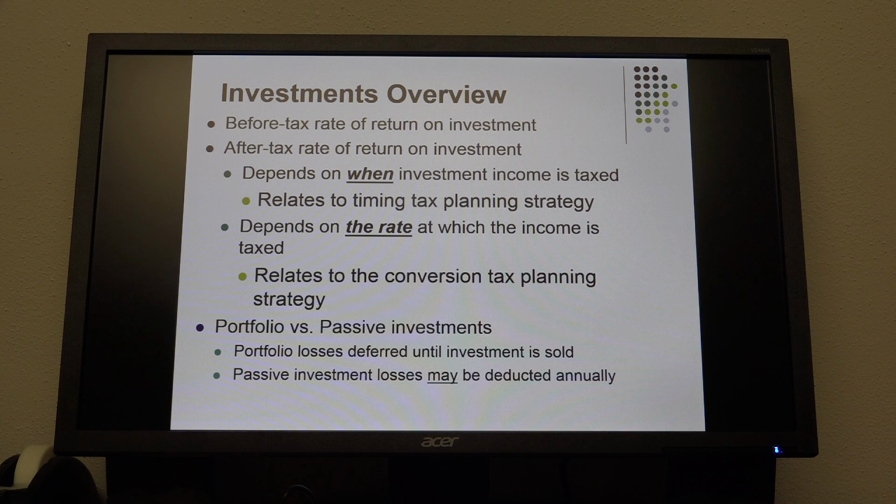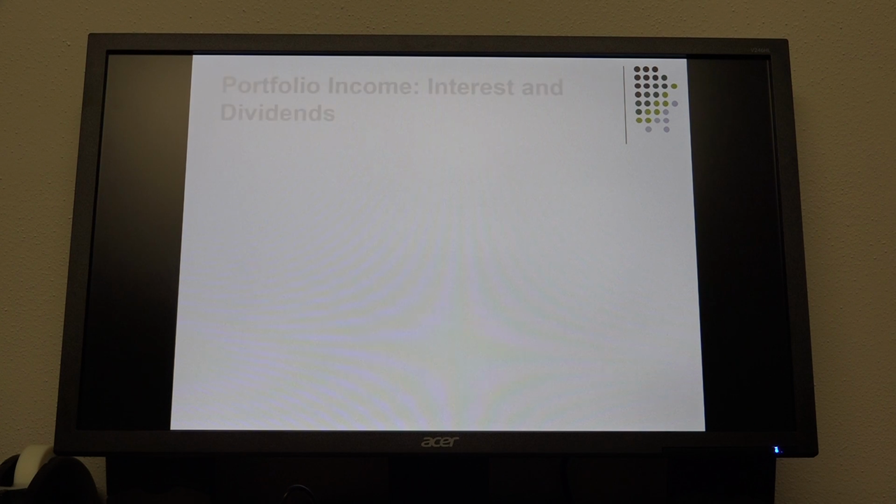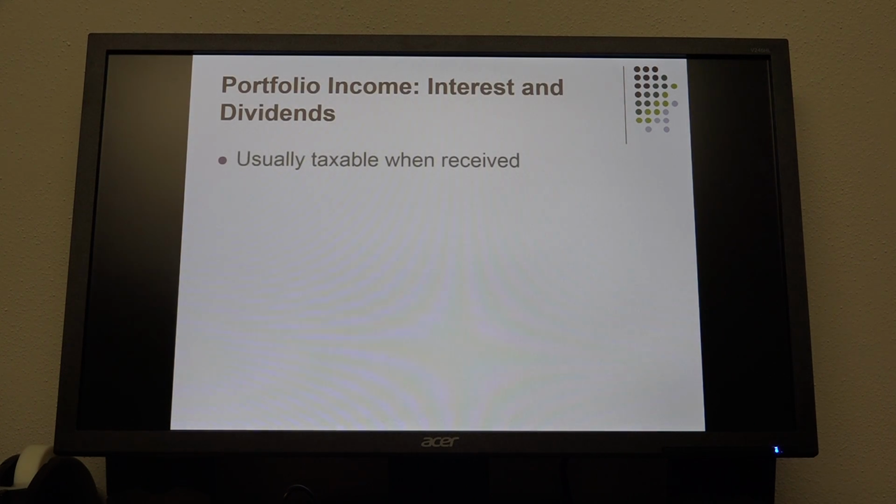But there may be other portfolio income that is taxed at a later time. Anyway, we'll talk about that here. And if you have portfolio losses, those may be deferred until the investment's sold. Portfolio income, interest and dividends, are taxed when received.